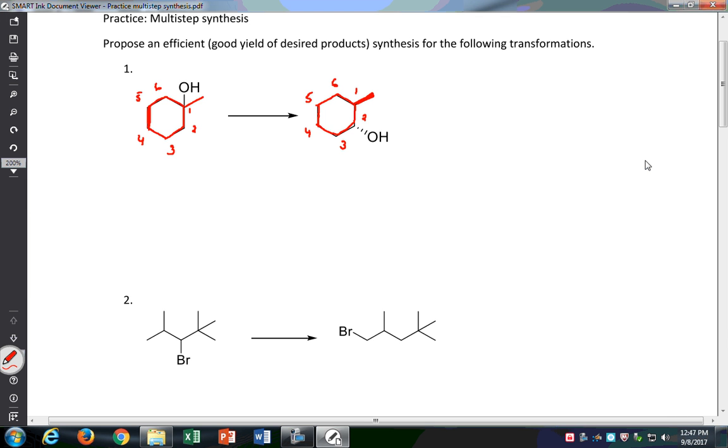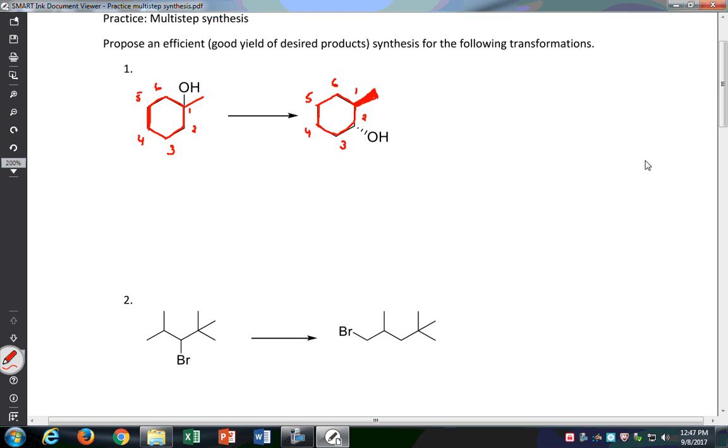Nothing changed on our CH3 group, it is still on carbon 1, though you should know that we do have our CH3 group coming forward, whereas there's no stereochemistry in our starting material. So that is important to note for our stereochemistry.